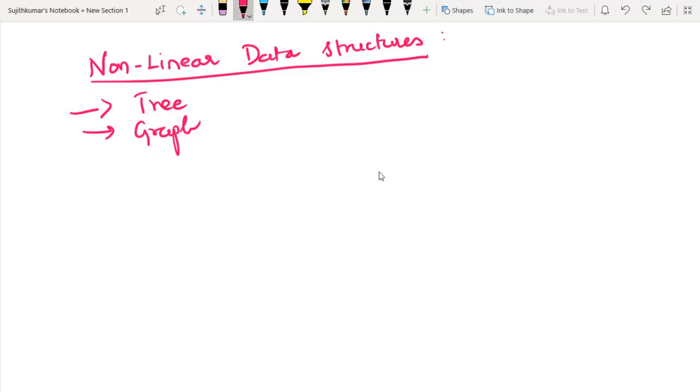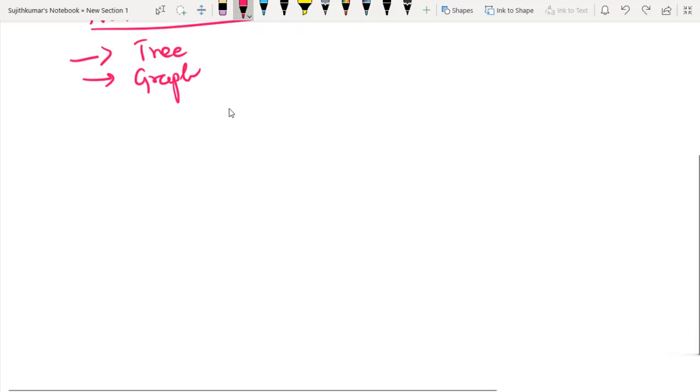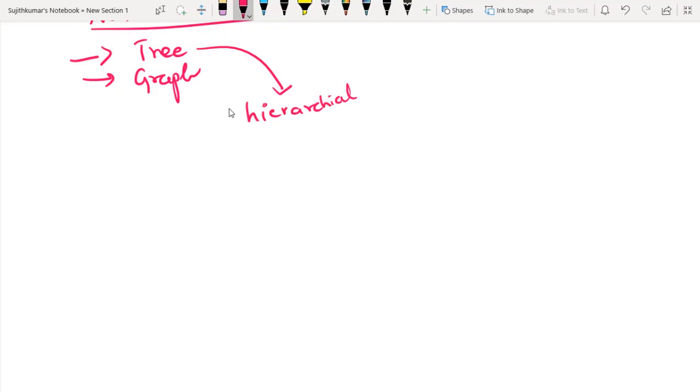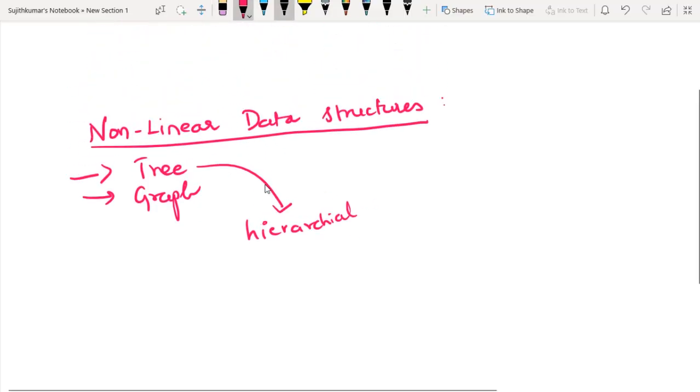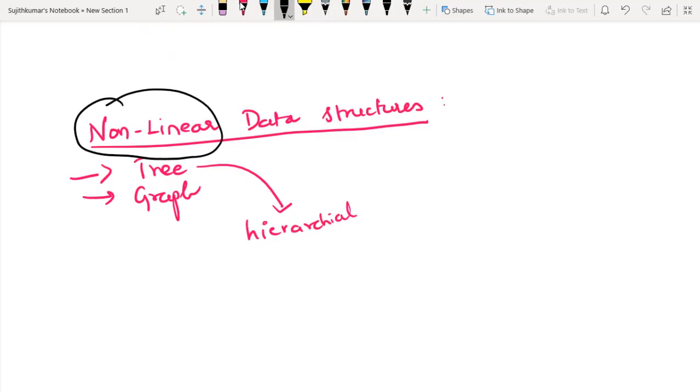Let me give you an example of a tree and a graph. A tree is a hierarchical data structure. Before that, let me tell you why it is called non-linear. The name non-linear means the data is not stored sequentially.